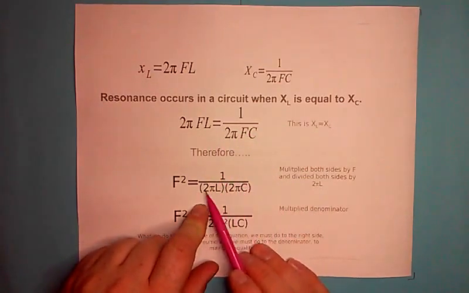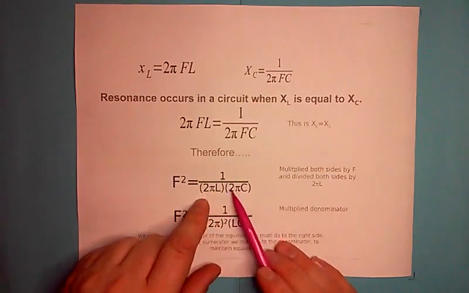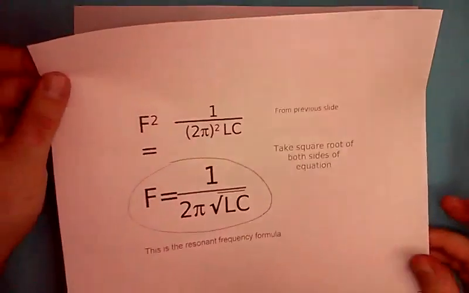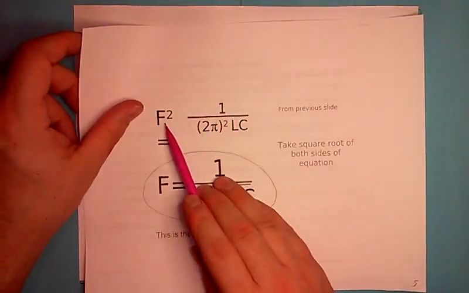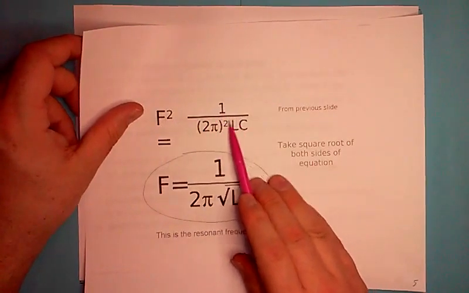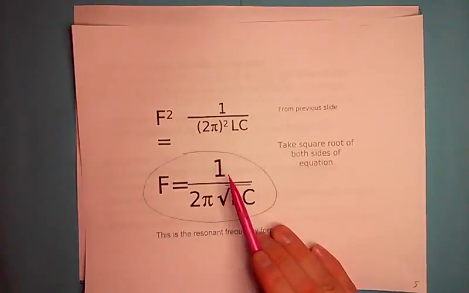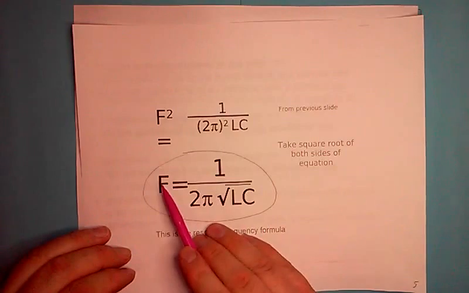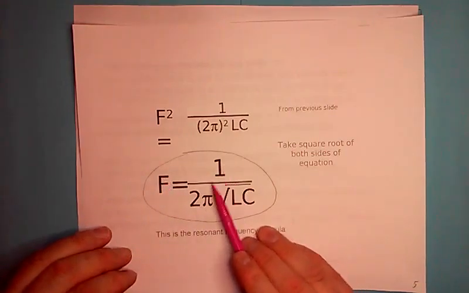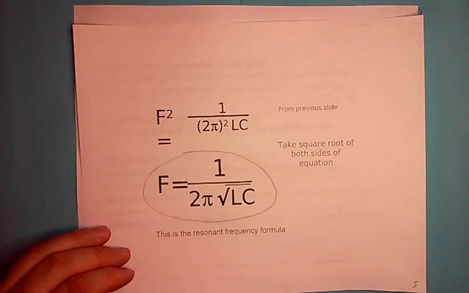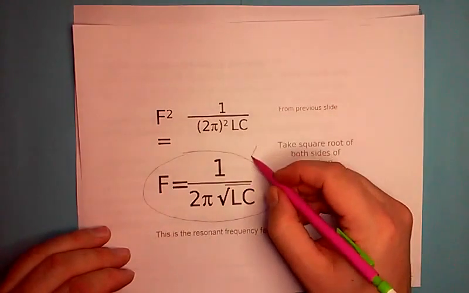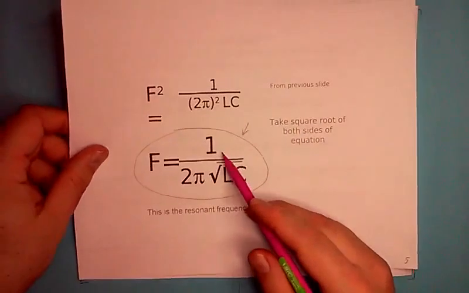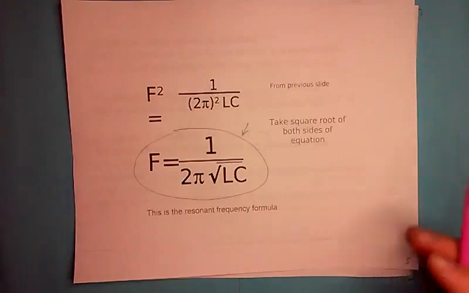It comes out to 1 over 2 pi L, 2 pi C. We combine these two terms together, and eventually it becomes F squared equals 1 over 2 pi squared LC. If we want to take that square out, we square root both sides, and eventually we have F is 1 over 2 pi times the square root of LC. All right, so this is the only thing you have to memorize. You don't have to break it down, but that's where this comes from, this 1 over 2 pi the square root of LC.